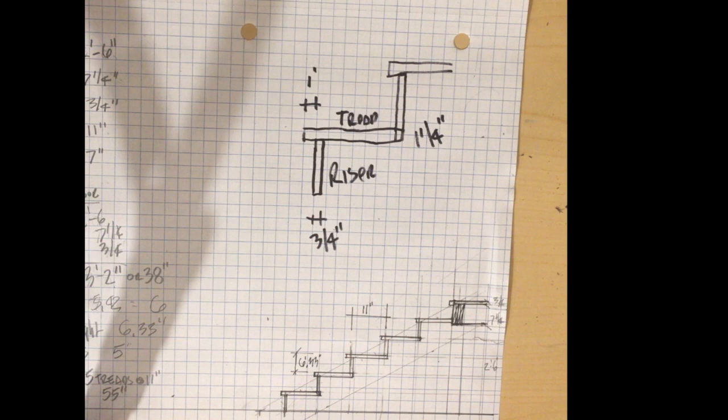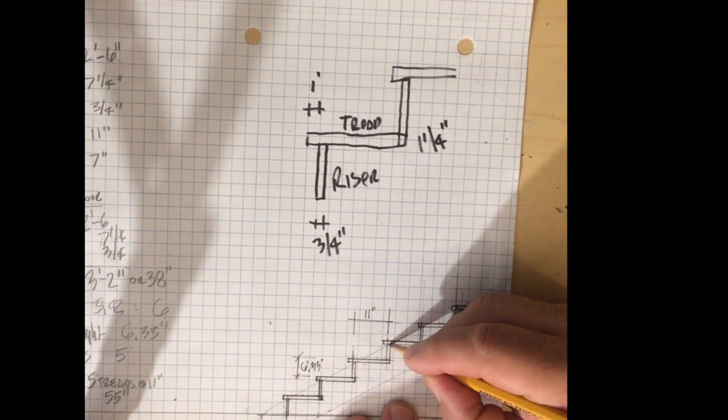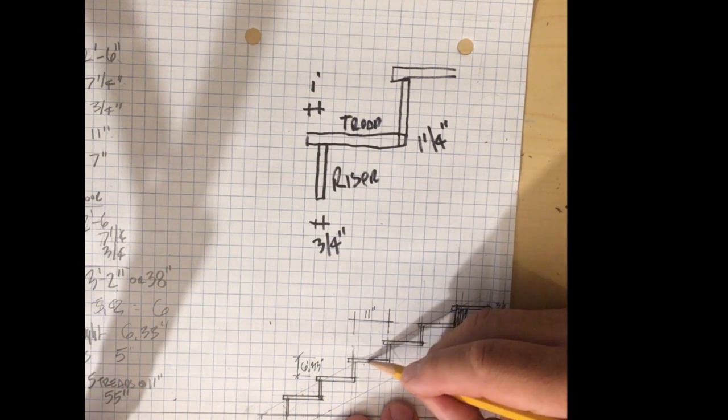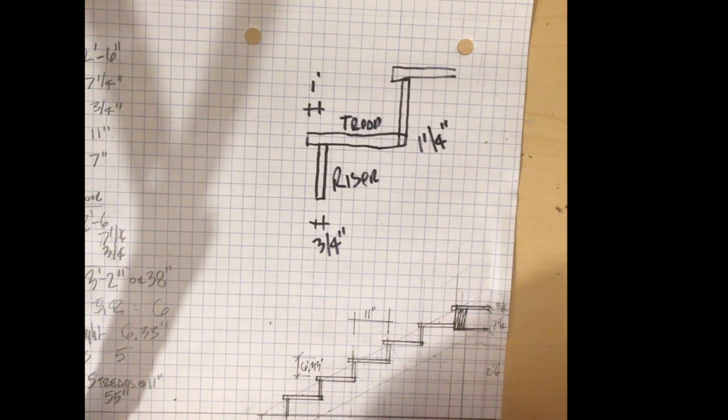So by doing that, this distance from this corner to this corner is 11.25 inches. So when they take this 2x12 and they cut their stairs out, they're going to cut these little triangles out right here, and that's going to leave the maximum depth of that joint of that 2x12, so it can support the stairs.